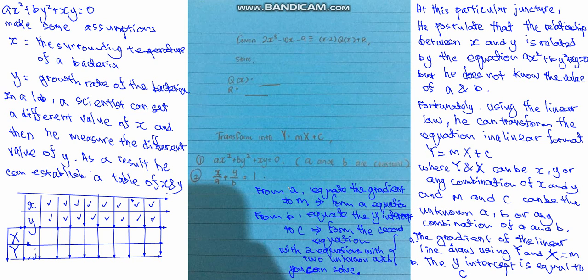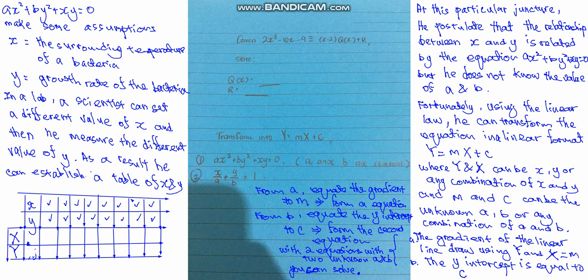Now, depending on how you modify the original equation into mx plus c, the gradient that you obtain can equate to the m. The m can be a combination of a and b, or can be a alone, or it can be b.